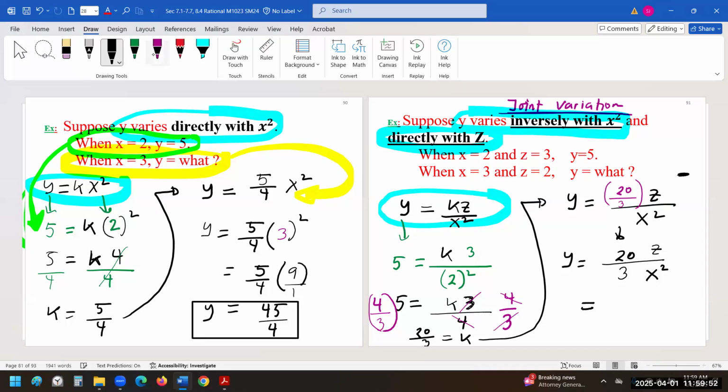Now what do you do? Plug in the new number. What is the z? So we have 3 squared, we replace x and z.